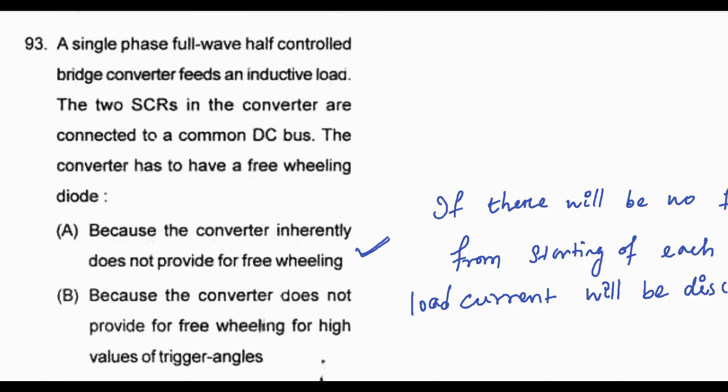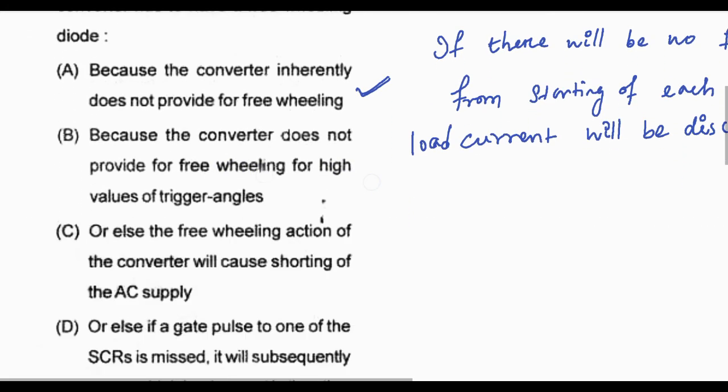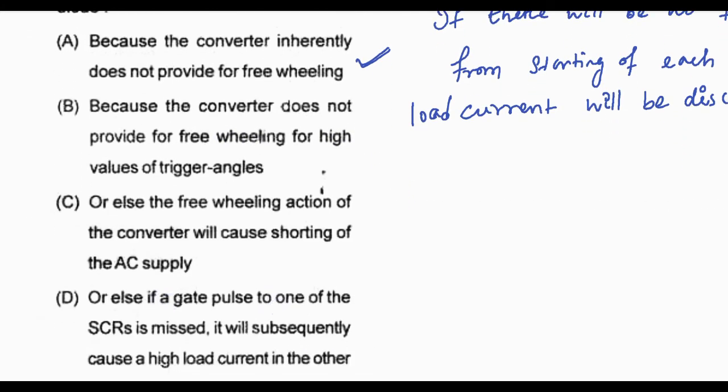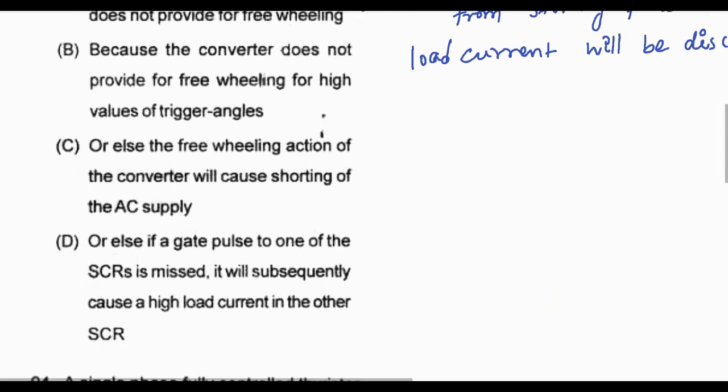Option B, because the converter does not provide for freewheeling for high value of trigger angle. Option C, or else the freewheeling action of the converter will cause short circuiting of the AC supply. Option D, or else if a gate pulse to one of the SCRs is missed, it will subsequently cause a high load current in the other SCR.